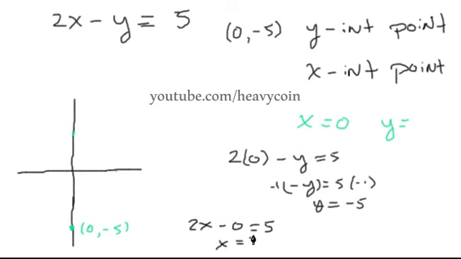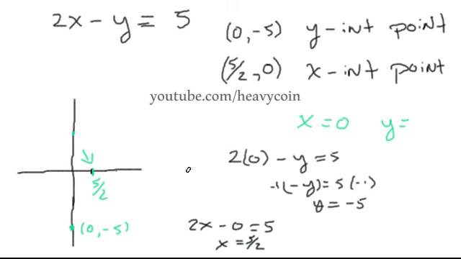It turns out that x is 5 halves. We're just going to pick somewhere about right here. This may not be to scale, but at least you get the idea. So 5 halves is right here on the x-axis. This ordered pair is going to be 5 halves, 0. So that's all you need to do.